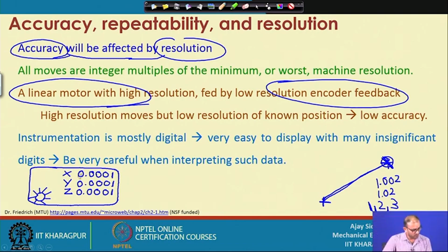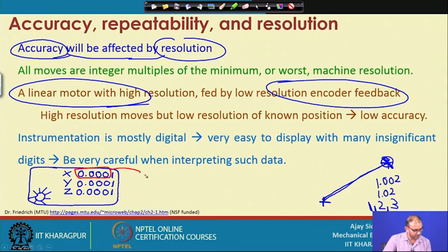When this controller is calculating, this controller has a very high resolution, but you end up with the feedback system. The feedback system may be giving something in terms of two values only, up to this only, suppose.